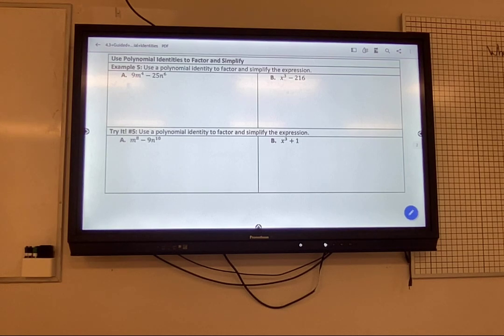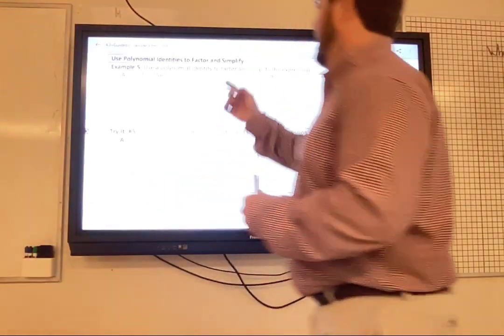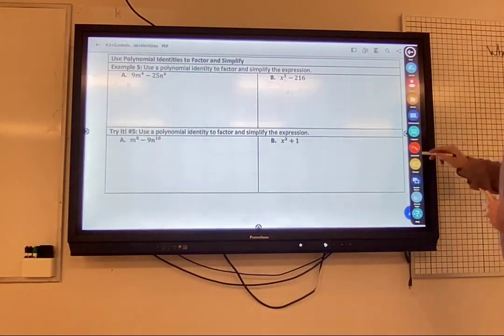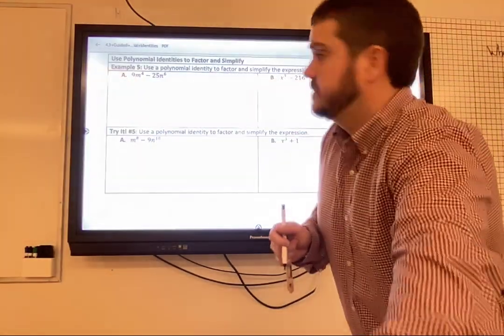We did this easily signed trick, all that stuff. But using identities to help us factor is just the reverse of distributive property. These are factors when it's written with parentheses as multiplication. If an expression fits one of these identities, you can factor them this way.